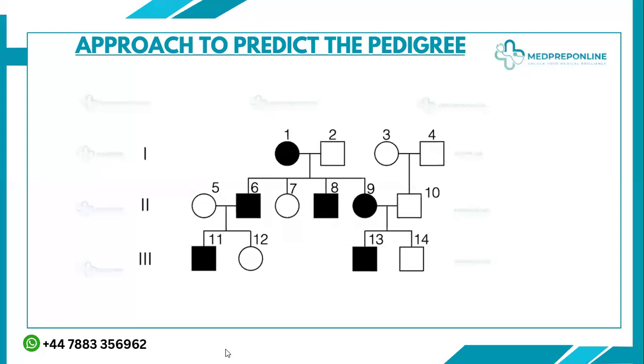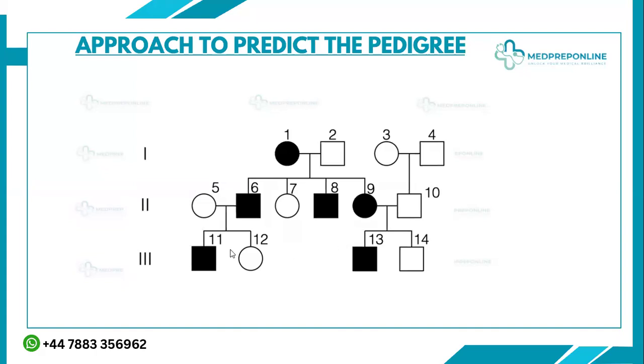Now tell me why it can't be X-linked dominant. Very good, Dr. Gafran. The question is why it can't be X-linked dominant. Okay, same approach we are going to apply on this.